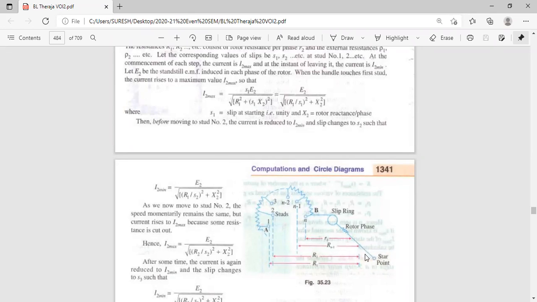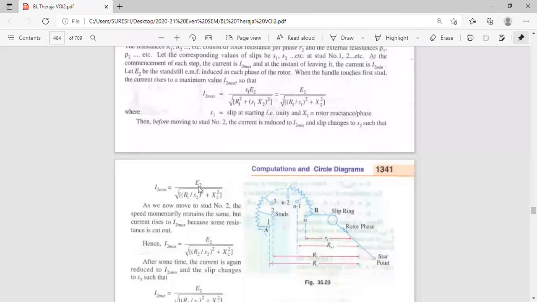The handle is the contactor point I am placing at 1. This is I2 max. Then what is the current at point 2? Minimum or maximum when the switch is in 1? Minimum. This current is I2 minimum. Before moving to stud number 2, the current reduced to I2 minimum and slip changes to S2.